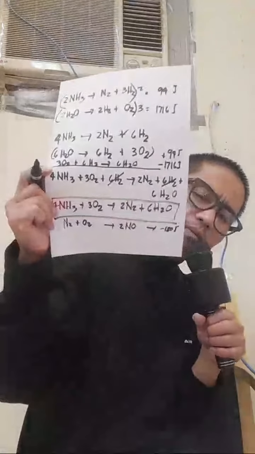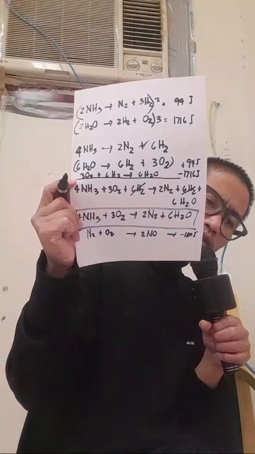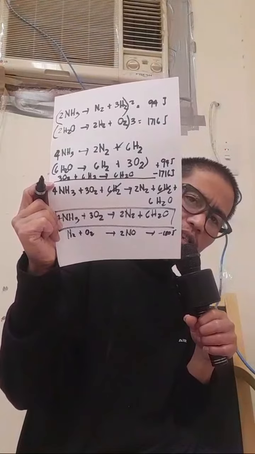Negative 180 joules. Take note, the number of moles is not balanced. So we need to multiply that third reaction by 2 so that we can cancel that out. Multiply by 2, and that's when the enthalpy change of reaction 3 will be multiplied by 2 also. You should be patient in doing this individually.